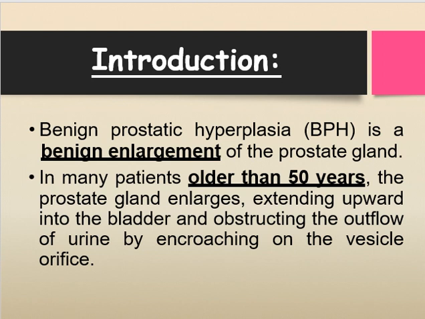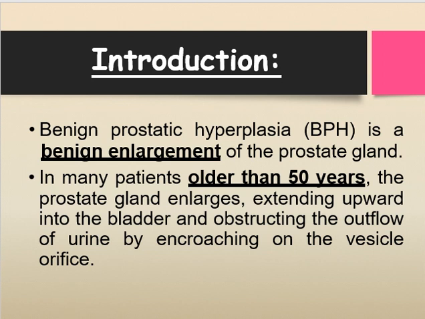It is a benign enlargement of the prostate gland. So now you may know about the difference between benign and malignant. Benign means it is confined to only one area and it will not spread, whereas malignant means there is a chance of infiltration. The tumor cells may infiltrate other body tissues.